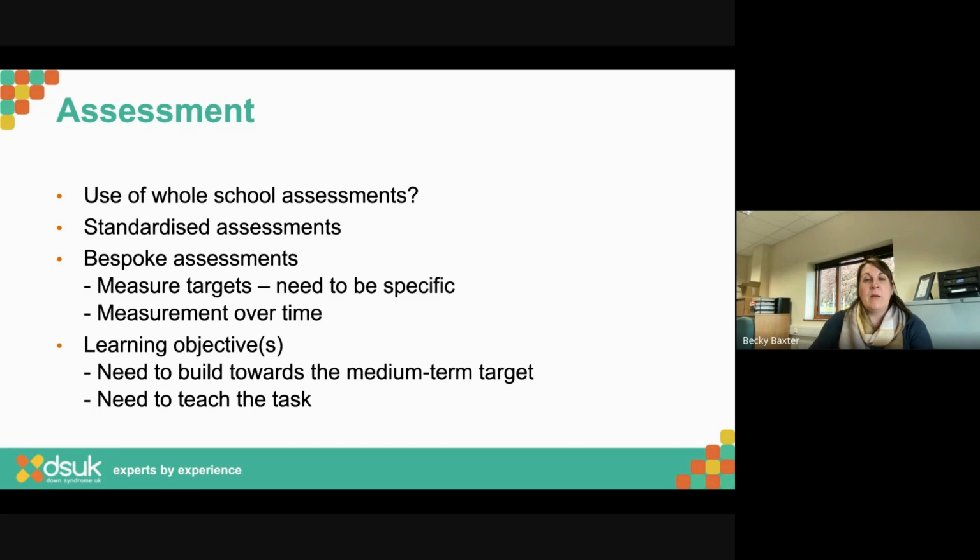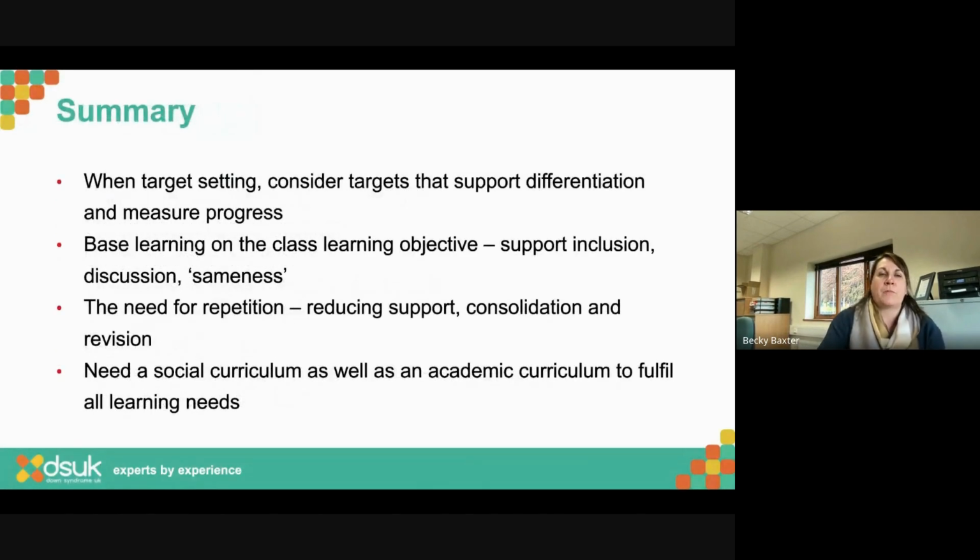And then, I've just said that, the learning objective is going to build towards that at the end. And I've just gotten there as well about teaching the task. So if you think in the assessment, the child's got to read the questions and circle the right answer, we want to be practicing reading questions and circling the right answer so that when we get to the assessment, we know how that kind of format of assessment works.